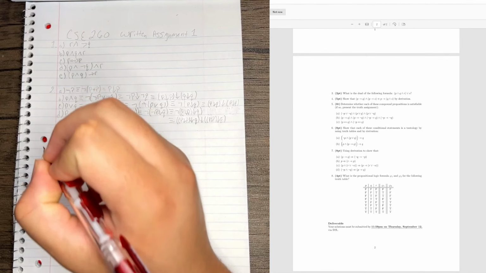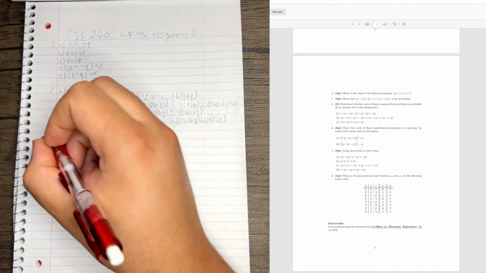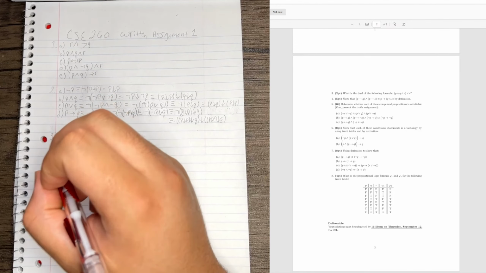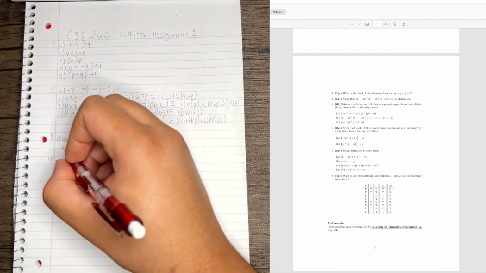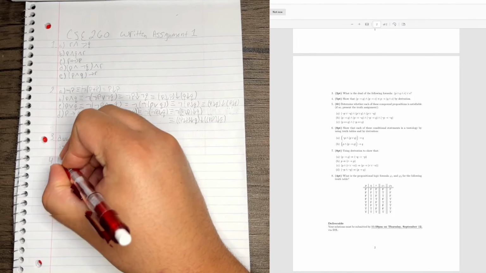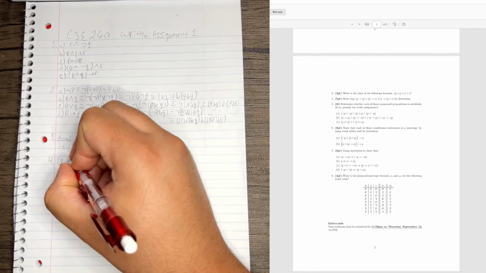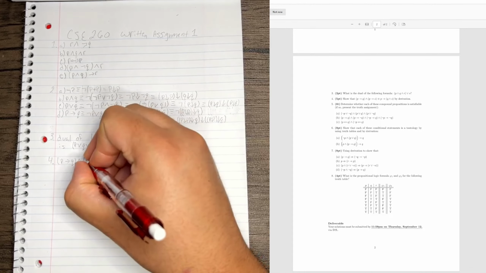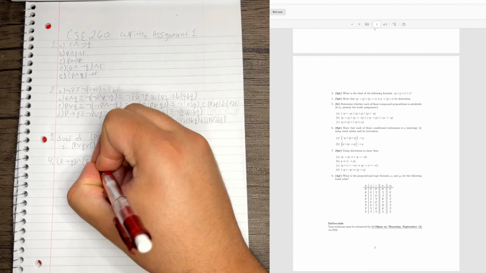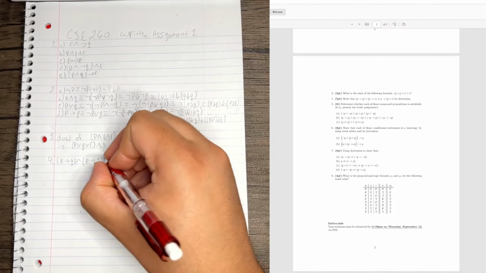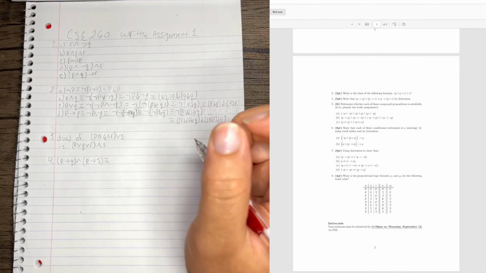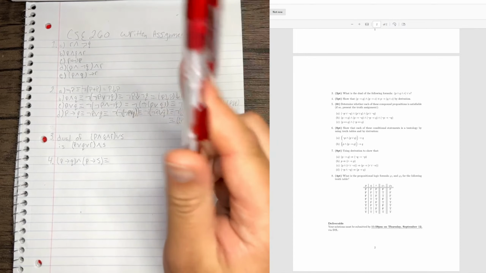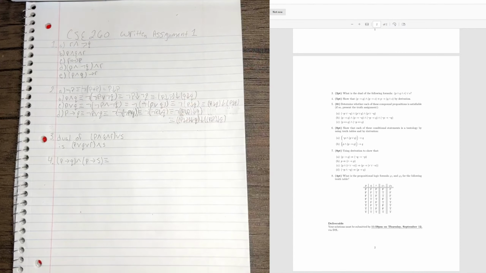Number 4, show that P into that, blah blah blah, is that. Okay, so we have P into Q and P into S. So let's start off with the same premise, just turning those into ors and nots and such.